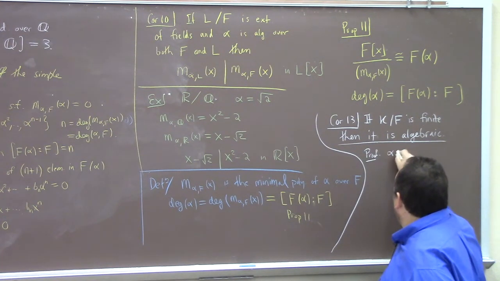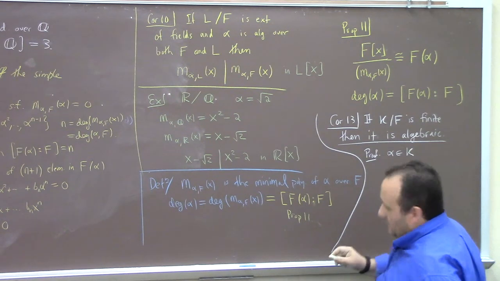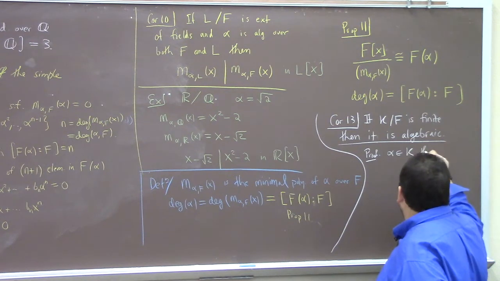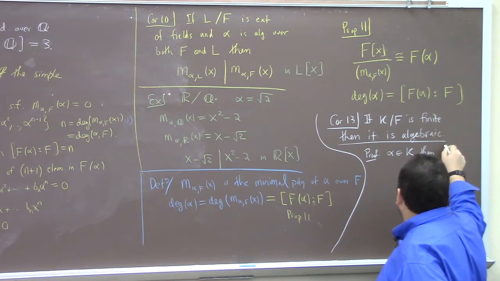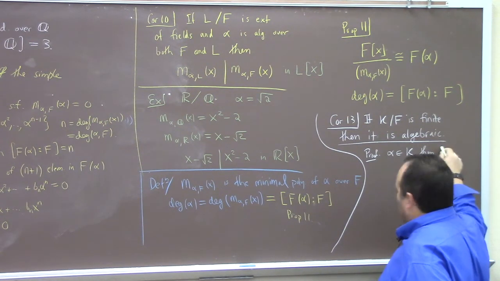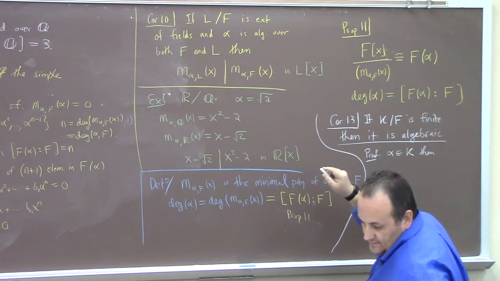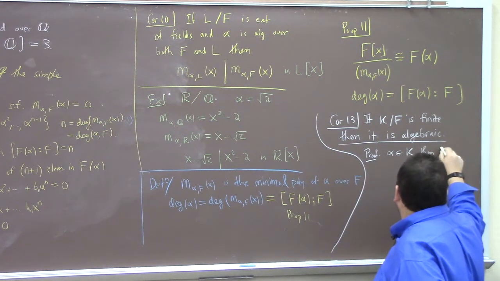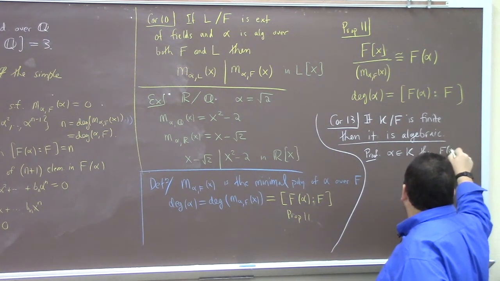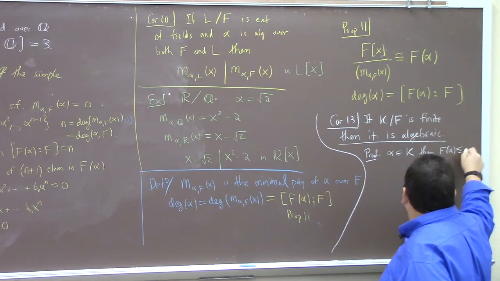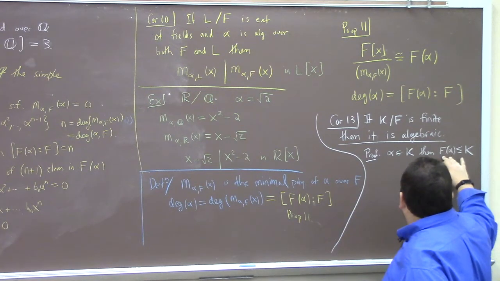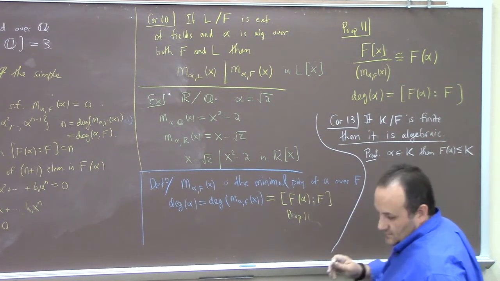Let alpha be in K, all right, then he says the subfield F(alpha) is a particular subspace of the vector space K over F. Right, so F(alpha) is a vector subspace of K. All right.